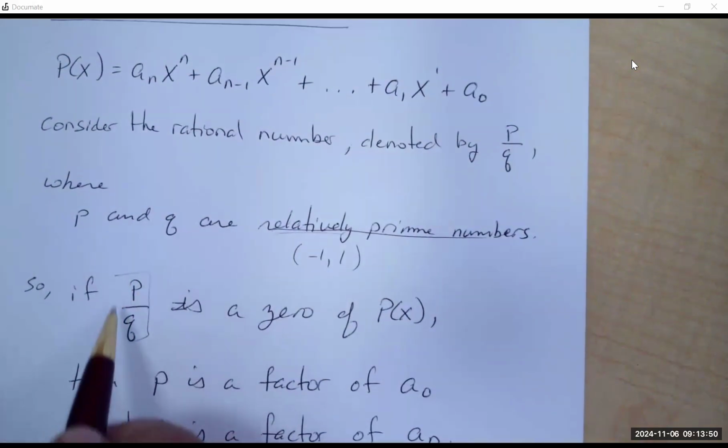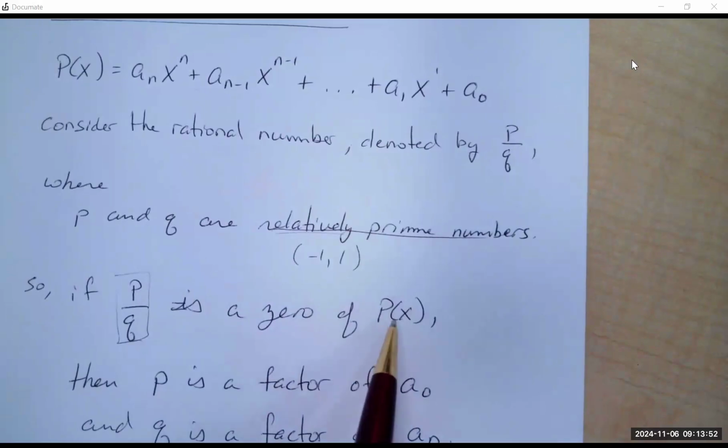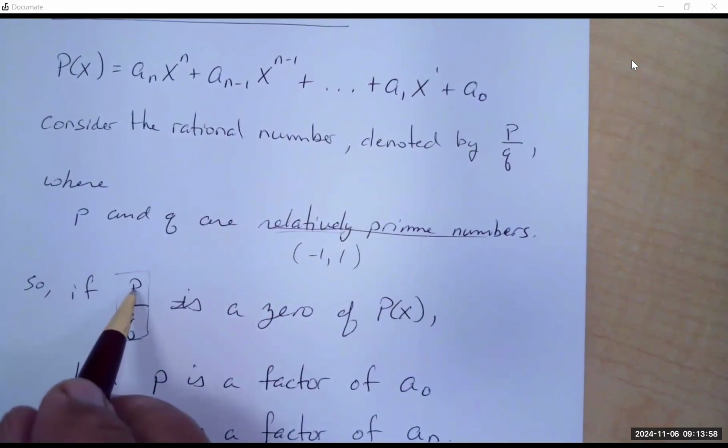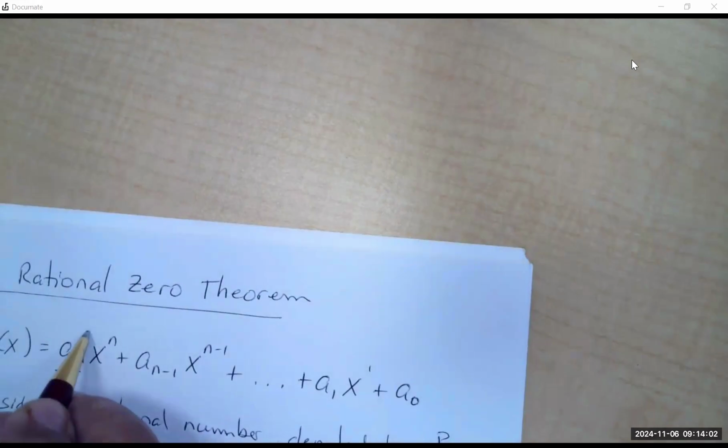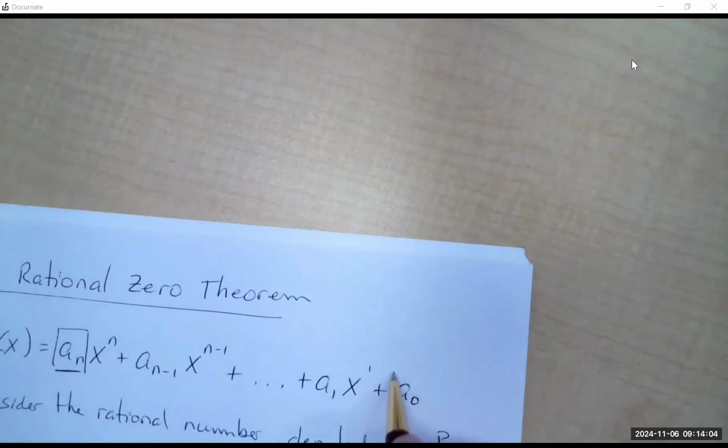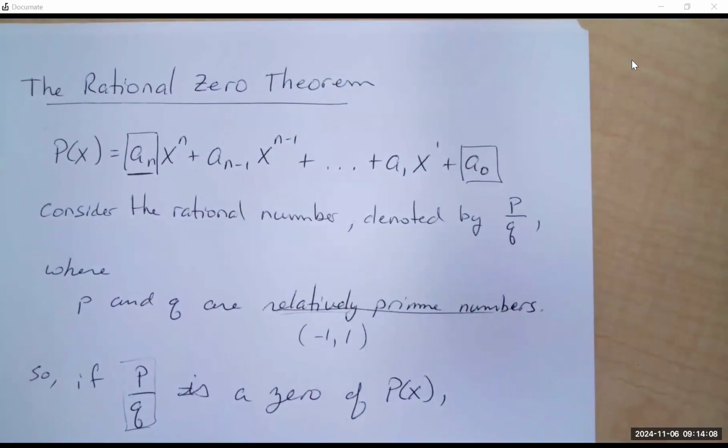If we can find some rational number that's a 0 of our polynomial, that means these values have to come from both the beginning and the end number.